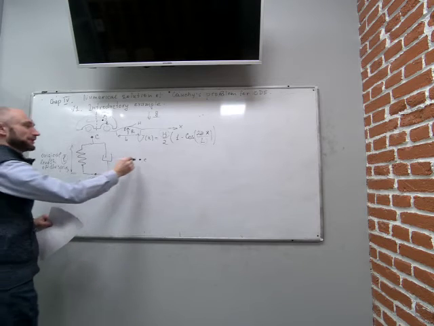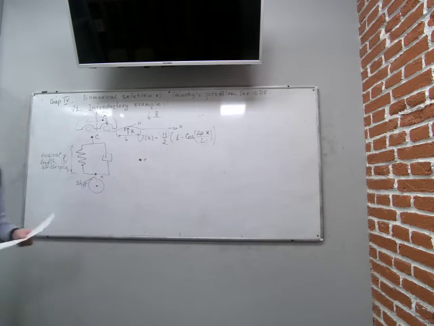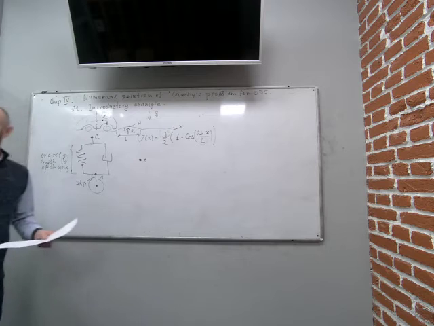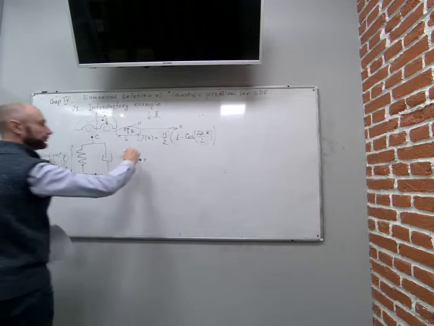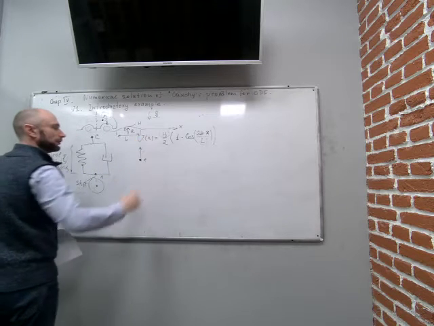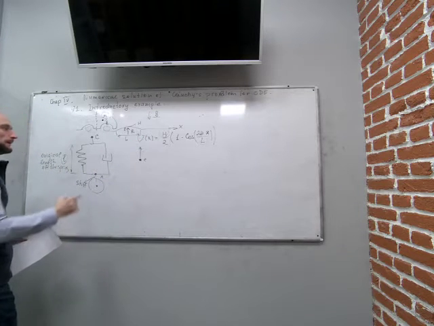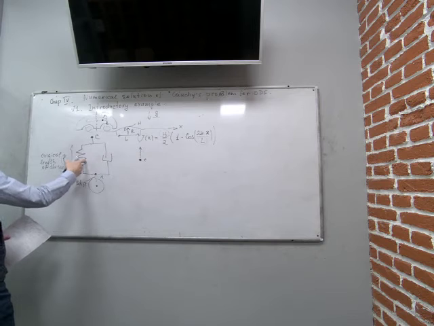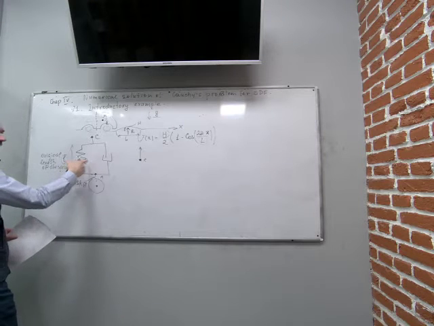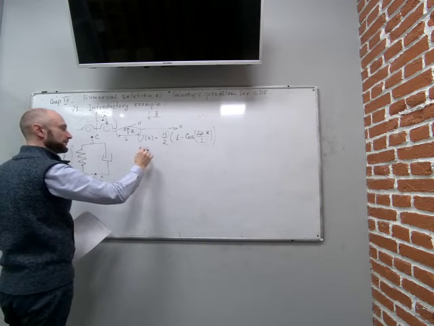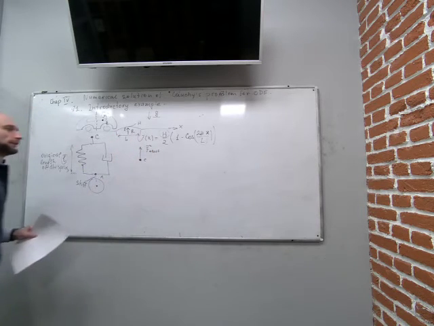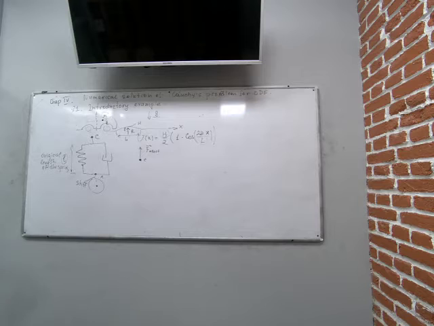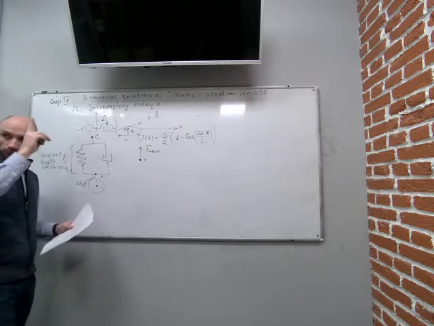What is the force balance at point C? What forces are acting on point C? So it's the force from the spring. Elastic force, right? It is directed upwards. Do you agree? Upwards.